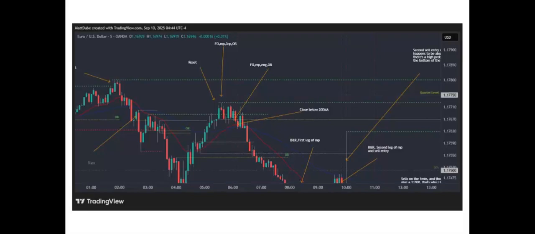I'm just going to look for a break and retest in the form of a three candle pattern or an M pattern or multiple top. Could be triple top, could be five tops. So that shows me that right there we're going to enter sells, and it doesn't have to have another close below a 20 EMA. No, we've already done that in this area right here.